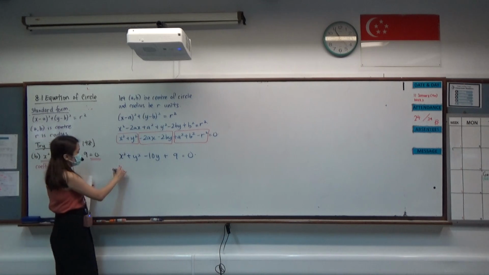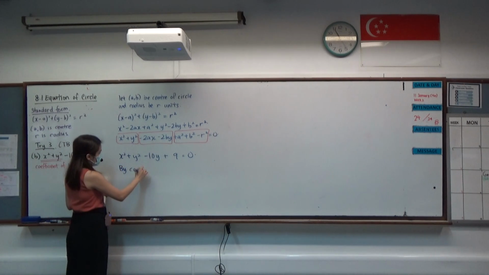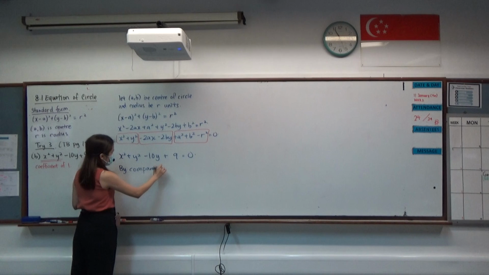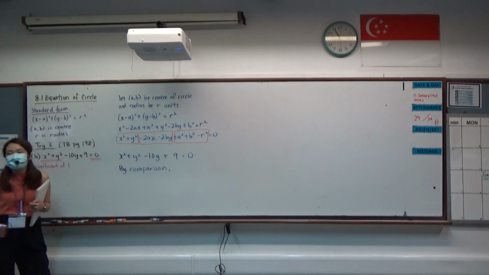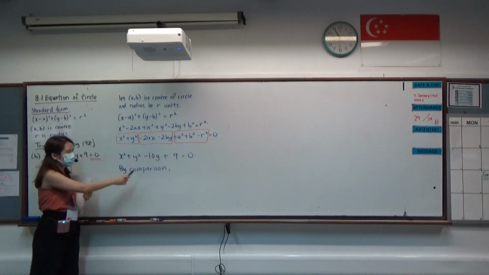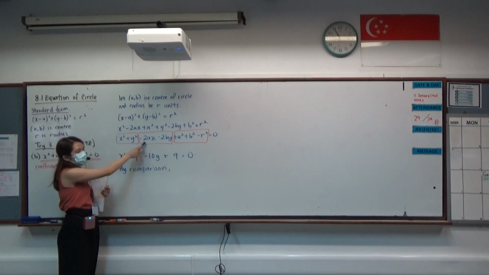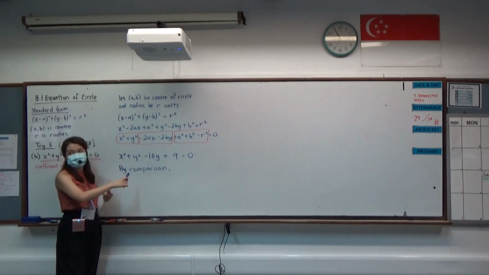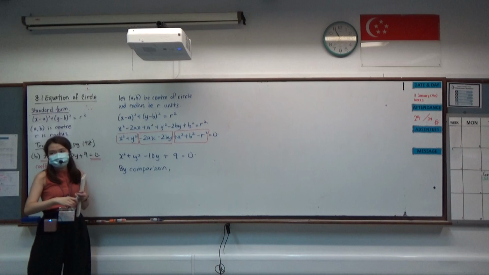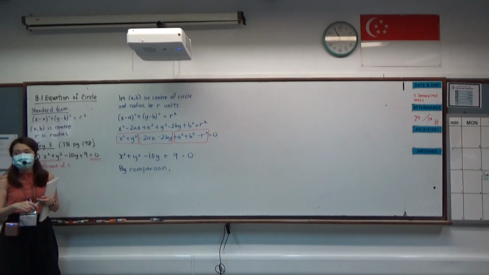So by comparison, notice that we do not have a term with x in it, the x variable. So we don't have the 2ax part. What does that mean?